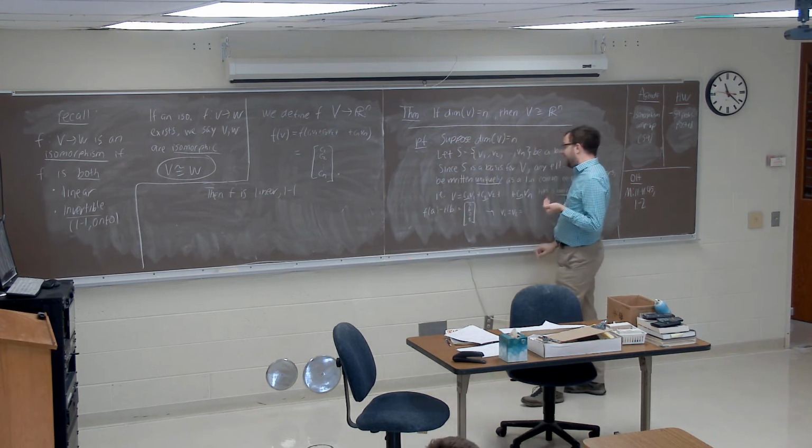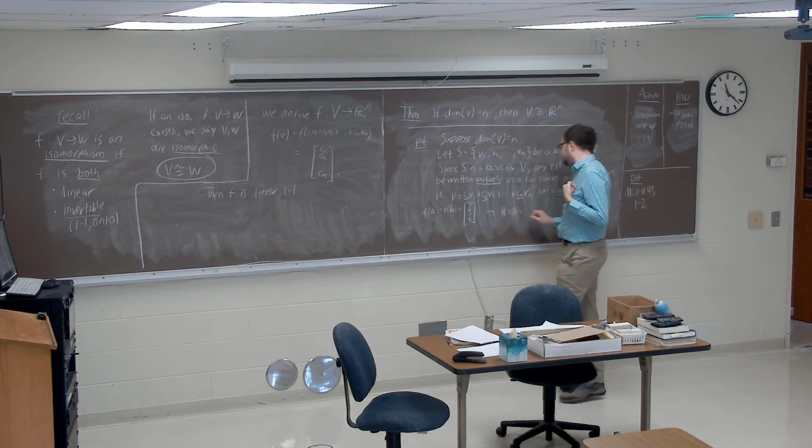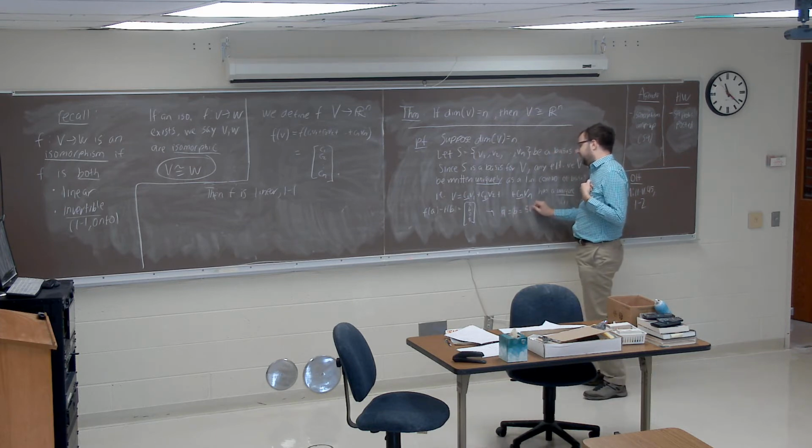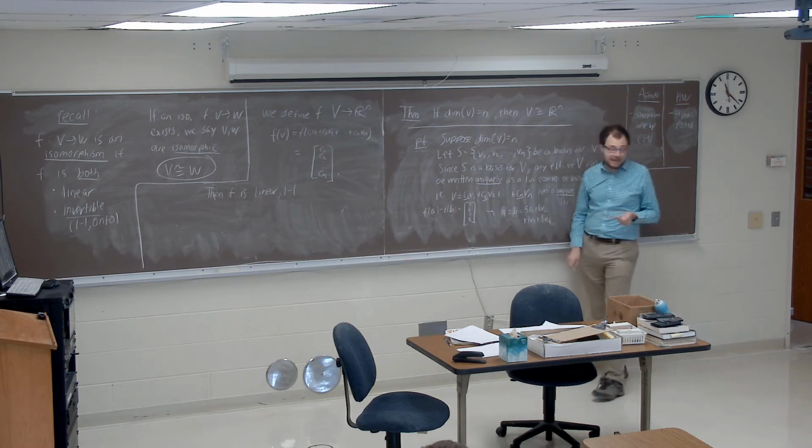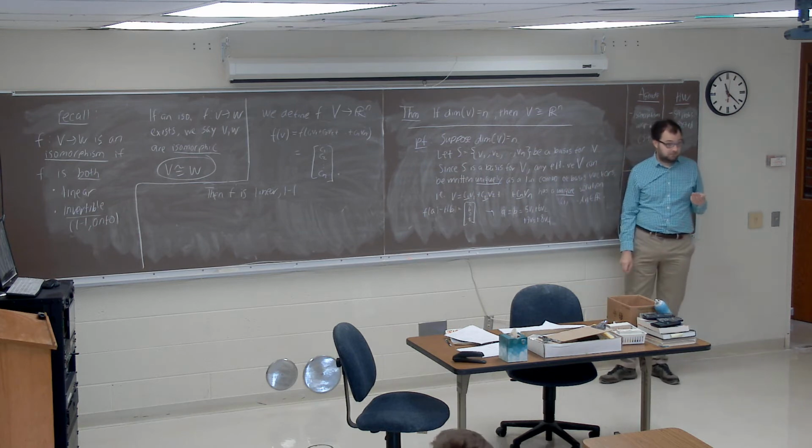If f of a and f of b were both (5, 6, 7, 8), that would imply a and b were both equal to 5v1 plus 6v2 plus 7v3 plus 8v4, which would tell us a and b had to be equal. So no two inputs map to the same output.